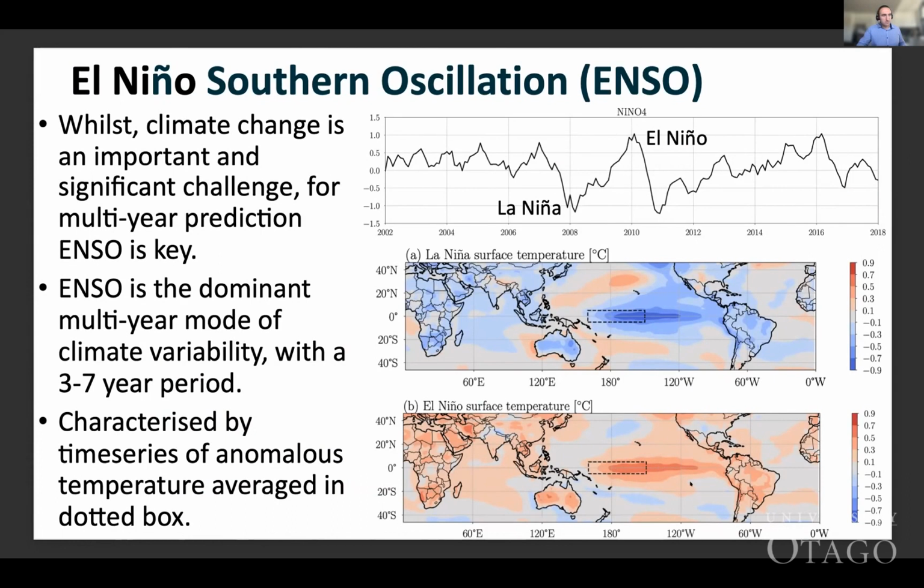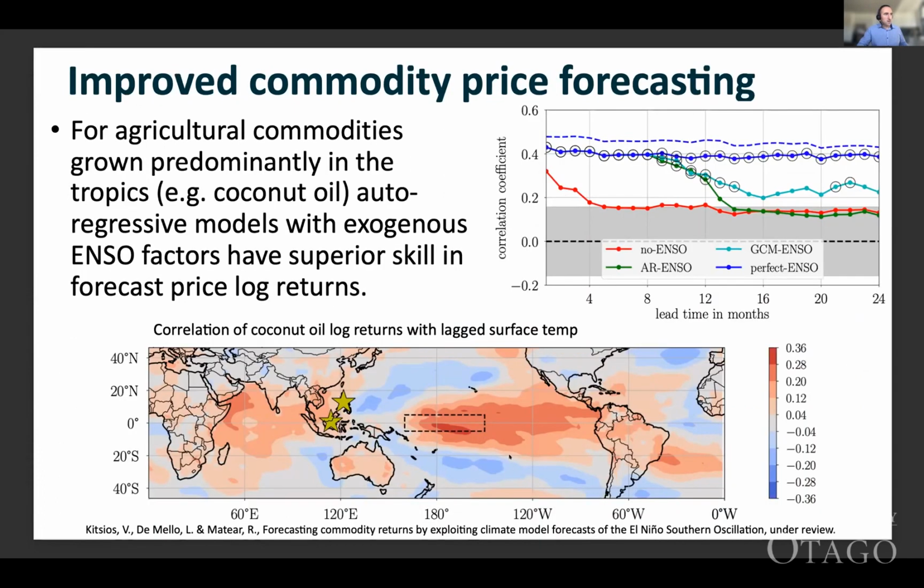Warm Eastern Pacific, warm Australia. And so we can see these similar features in this correlation map. So again, this is just another indicator that during El Nino periods, the log returns of the coconut oil commodity are increased. And these stars are predominant locations of production of this commodity.